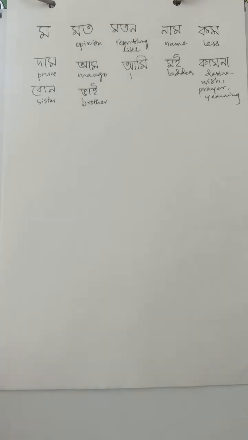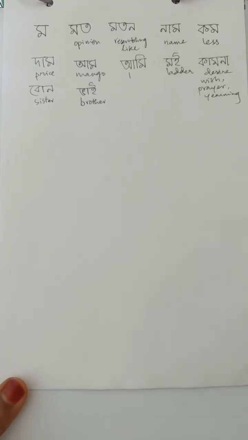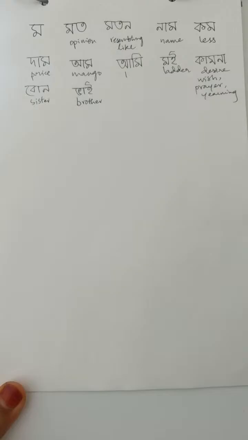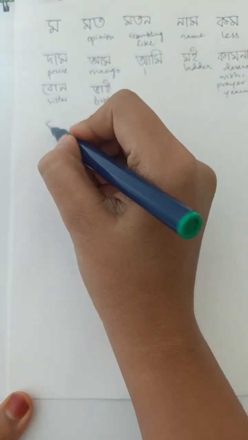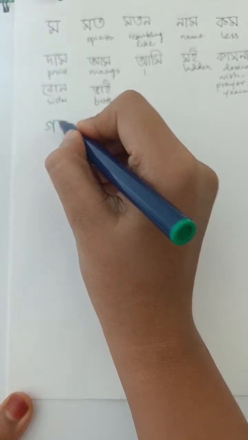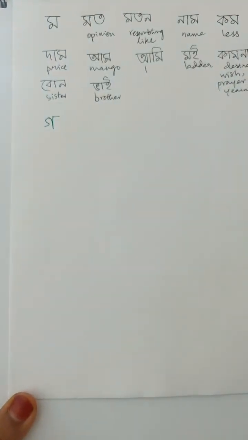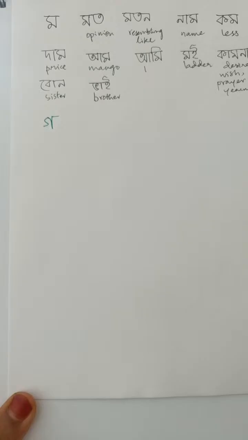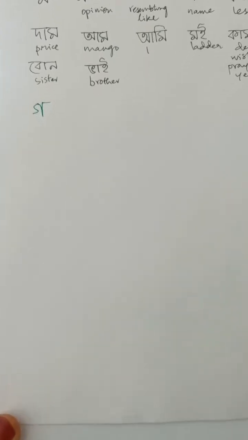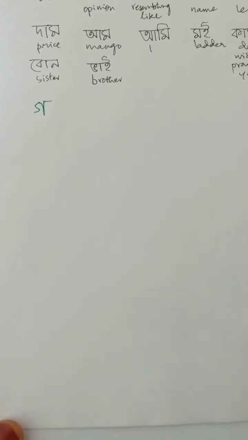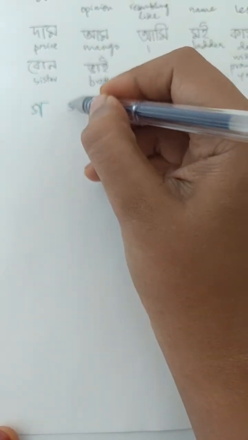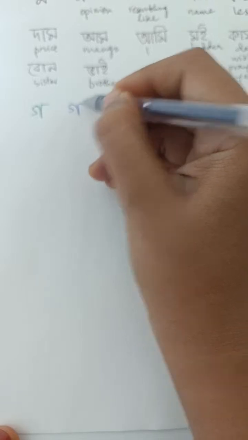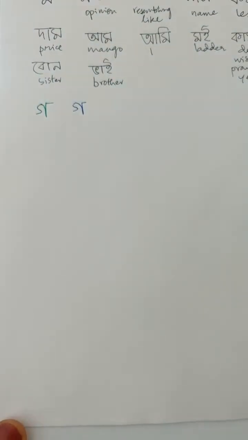Two letters. I'll write down two letters which are new. They're both Banjan Borno. First one is Ga. Let's see once more how it's written. I'll bring it closer. Ga does not have a matra.